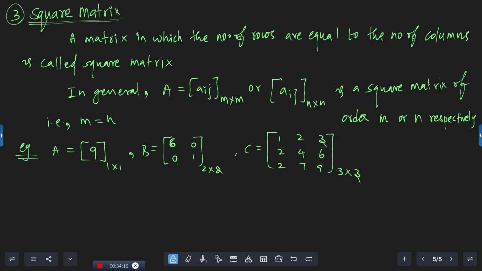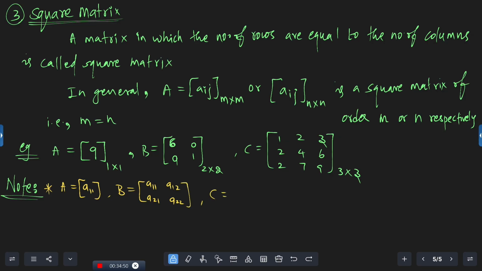Here I am going to give a very important note: the general way of mentioning a square matrix. Point number 1. A matrix equal to [A11]. B matrix equal to [A11, A12; A21, A22].